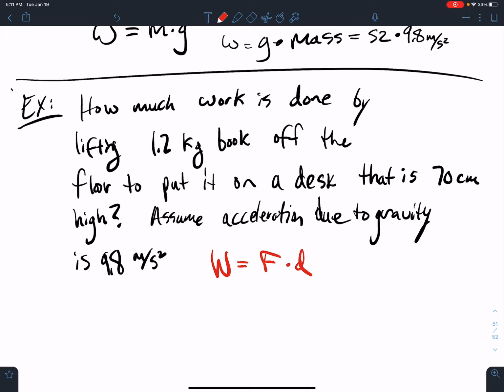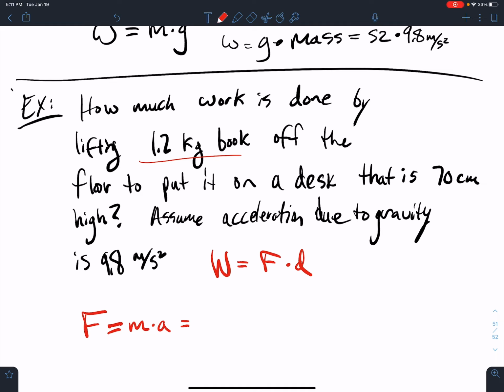But to get the force, I need to be able to do mass times acceleration, right? Well, the mass, they tell you that the mass of the book is 1.2 kilograms.